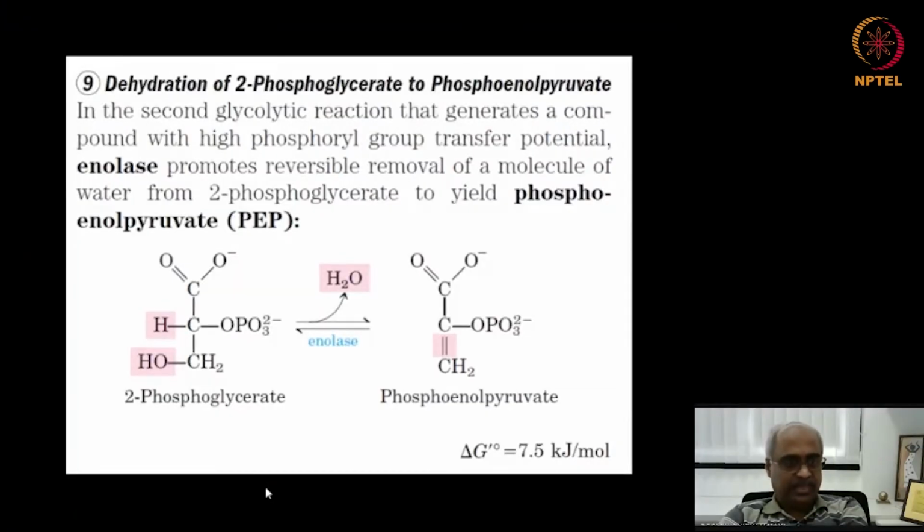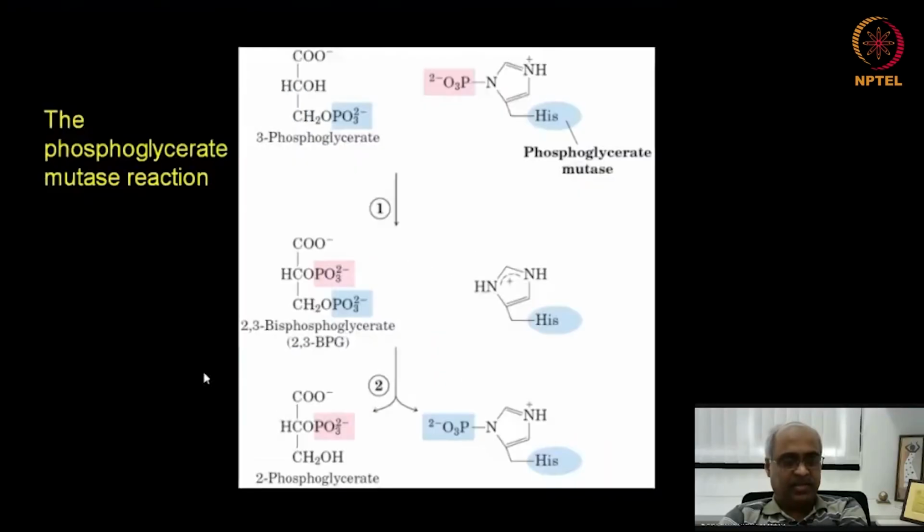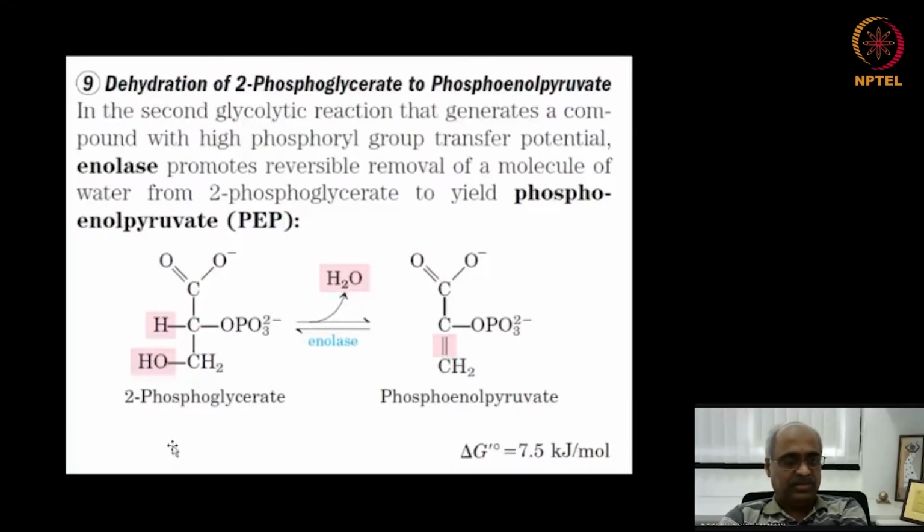And the next step, this is 2-phosphoglycerate, redrawn to make it easy for us to understand how the dehydration happens, leading to the formation of an enol structure. This is catalyzed by enolase. This forms phosphoenolpyruvate, and this is a high energy compound.